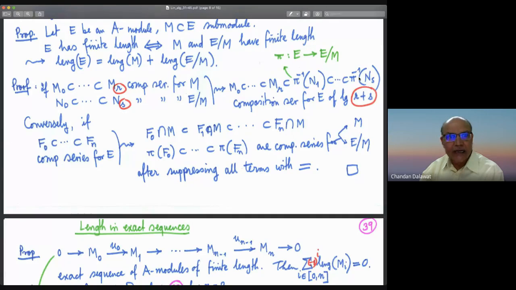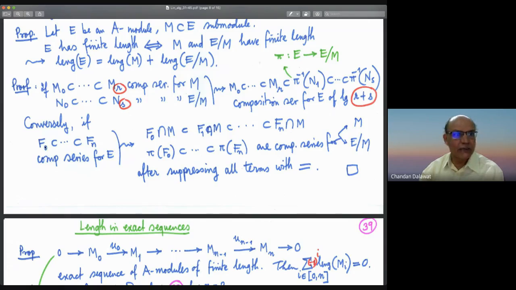Here as well, essentially that's given to you, because the quotients in the second part are going to be the same as the quotients in the composition series for E modulo M. So this series of length R plus S is a composition series for E, and therefore E has finite length, and that length is the sum of the length of M and the length of E modulo M.